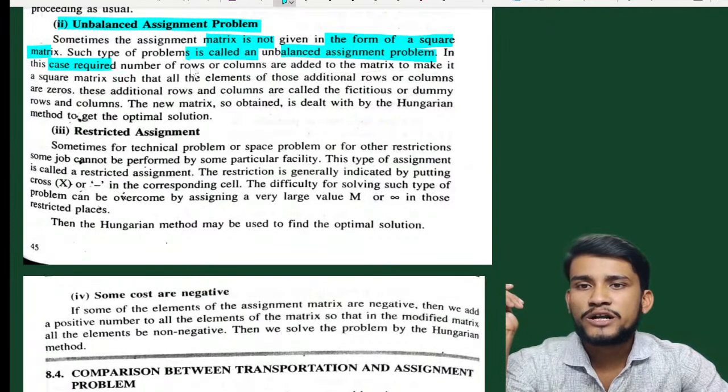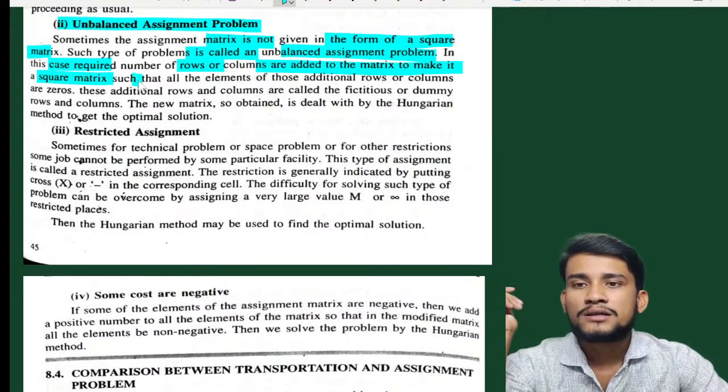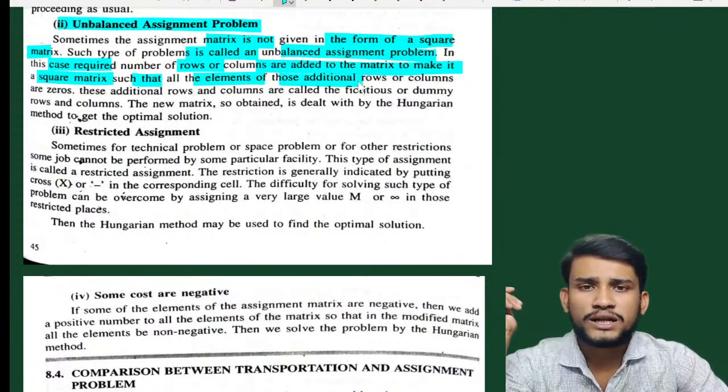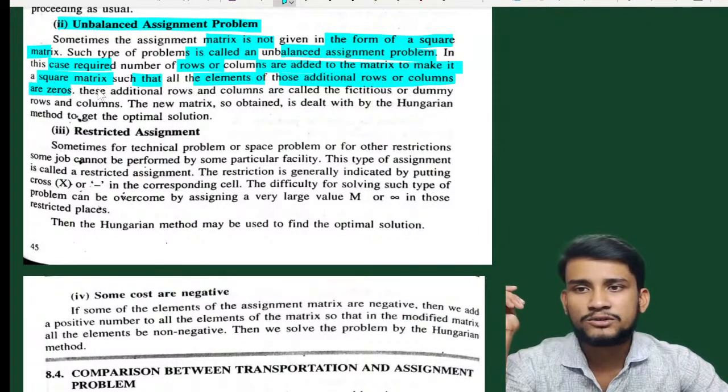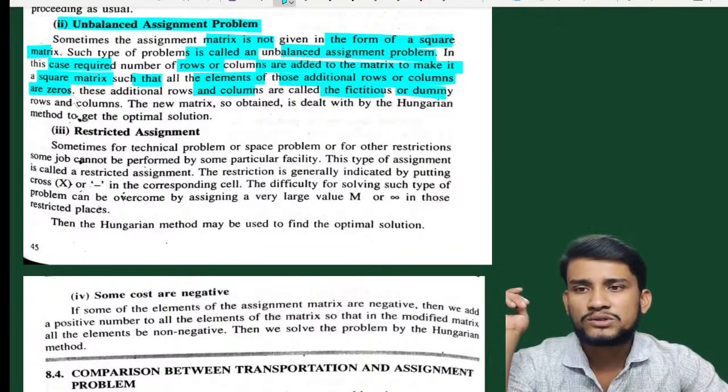In this case, the required number of rows or columns are added to the matrix to make it a square matrix, such that all the assignments of those additional rows or columns are zeros. These additional rows and columns are said to be fictitious or dummy rows and columns.